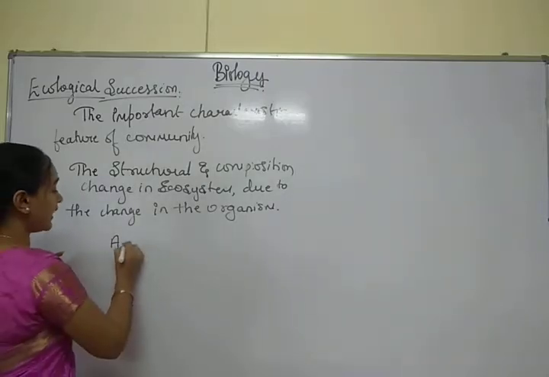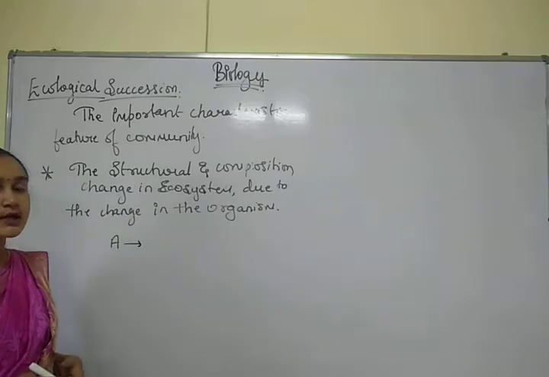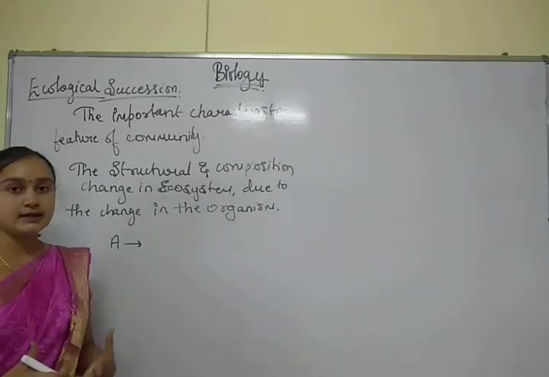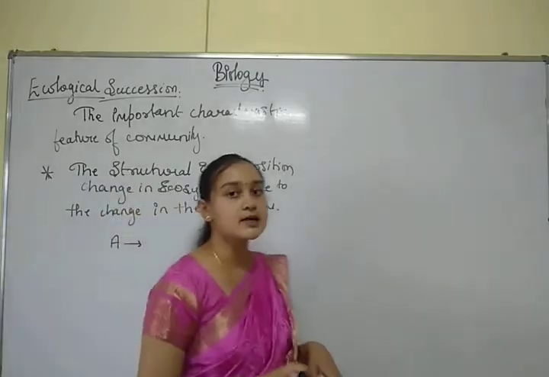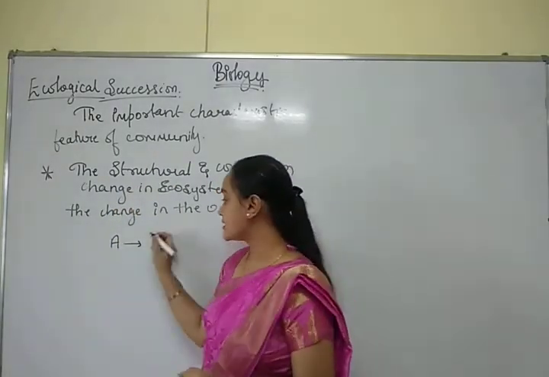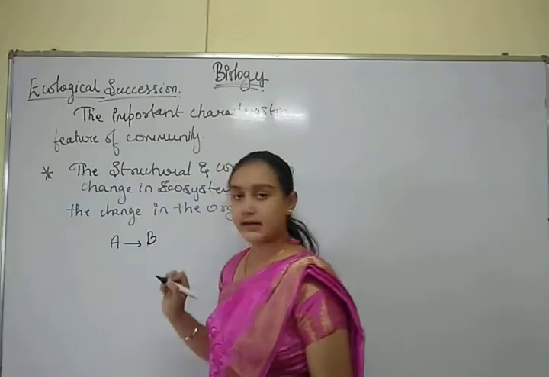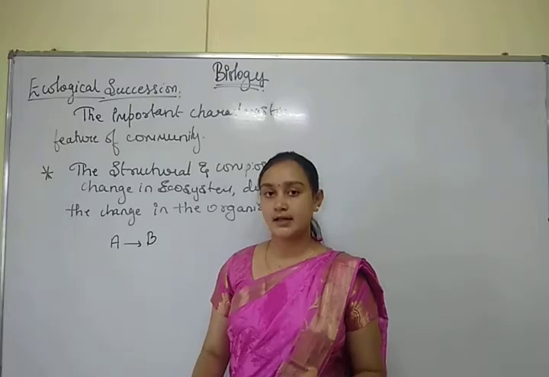Now as the time changes, the environmental condition also changes. That environmental condition will become not suitable for species A. Now species A will be replaced by another species, and species A is completely removed.